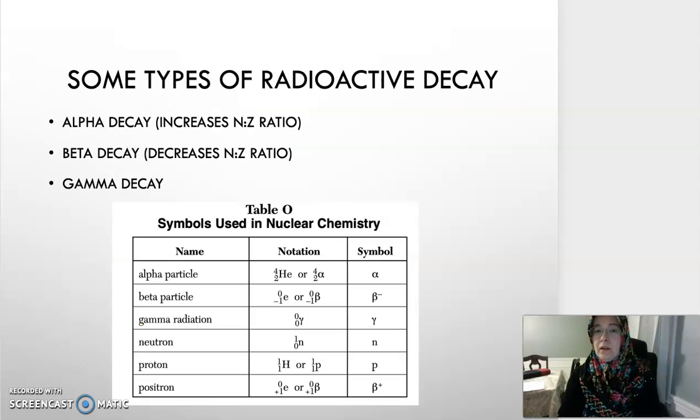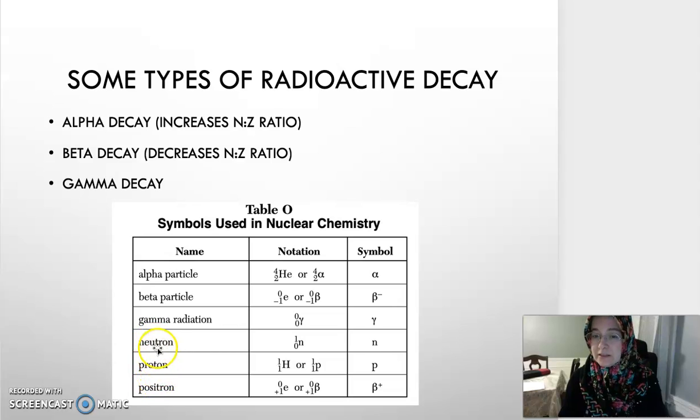Now, some types of radioactive decays are all in your Reference Table O. They name the decay, they show what kind of notation to use, and what the symbol for this decay is. We have alpha decay, beta decay, gamma decay. Also, there might be neutron, proton, positron.